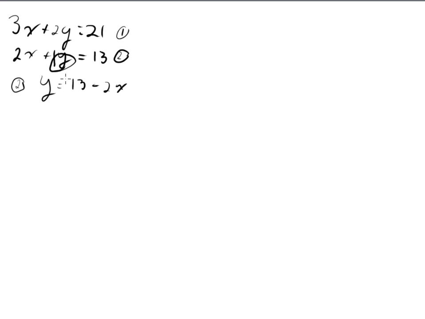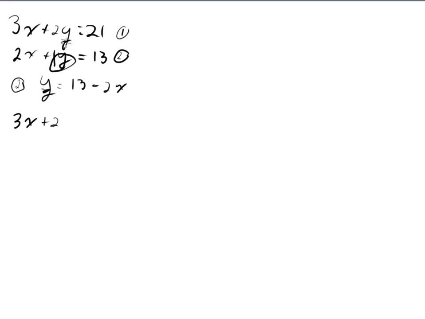So after you have isolated the variable that you're looking for, we're going to really carefully substitute it, hence the name of the method, into the equation that we didn't rearrange. Because we didn't rearrange equation number 1, we're going to substitute this into equation number 1. What that's going to look like is, all right, 3x, that's not changing at all, plus 2y, and we have solved for y.